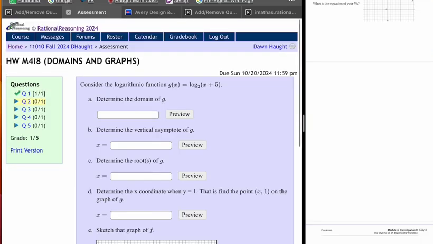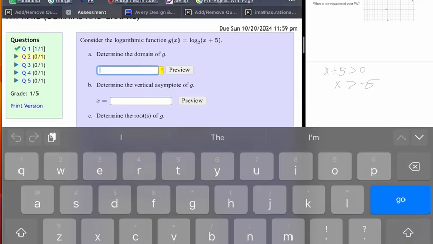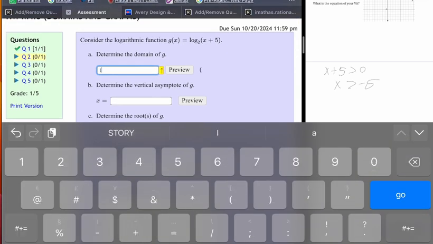Okay, so the domain, again, just set your inside greater than 0. Whatever your inside is, you're going to solve. For me, it's from -5 to infinity.